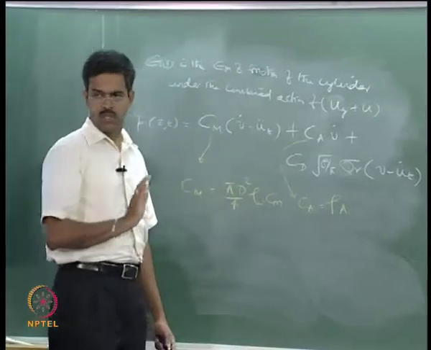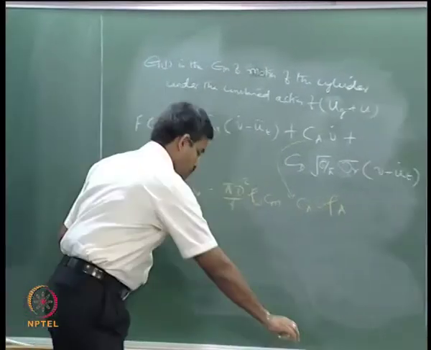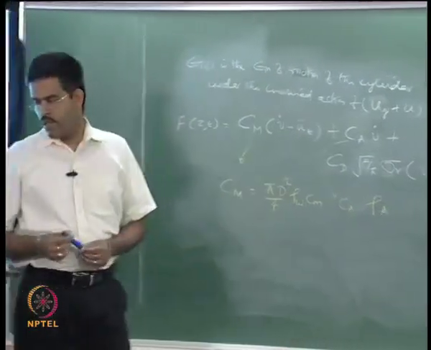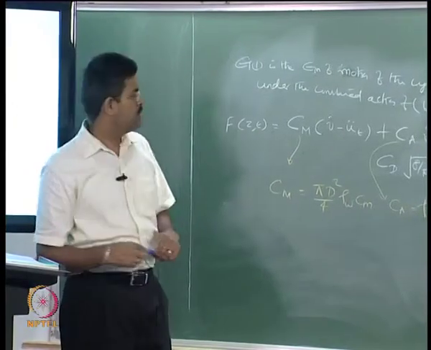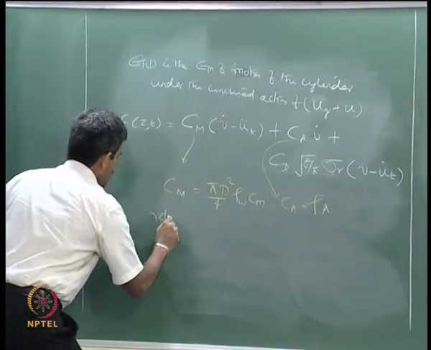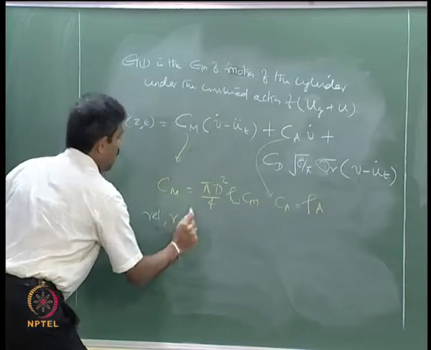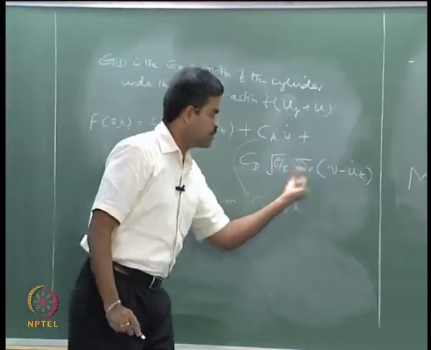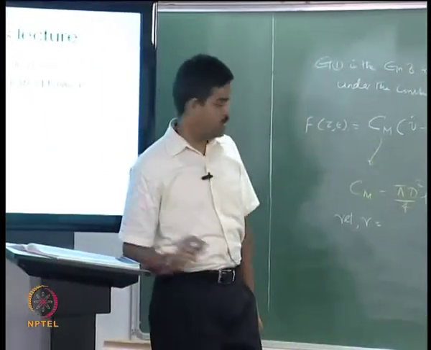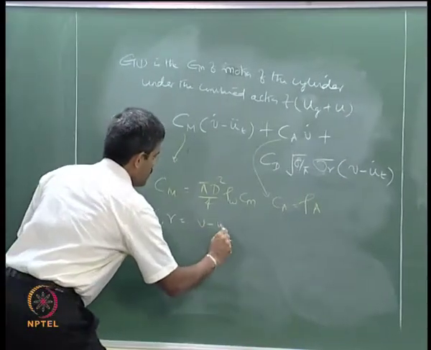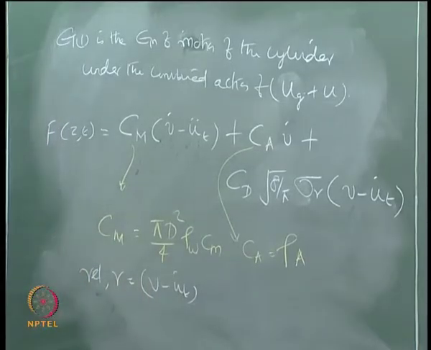We already know this. Okay. And the relative velocity now, which is r, as you see here as a subscript, is v minus u dot of t. Okay.